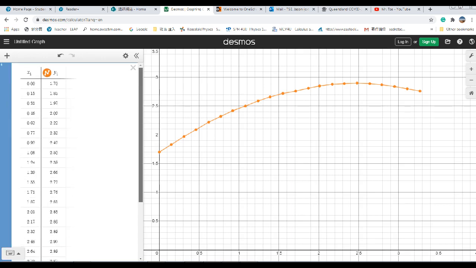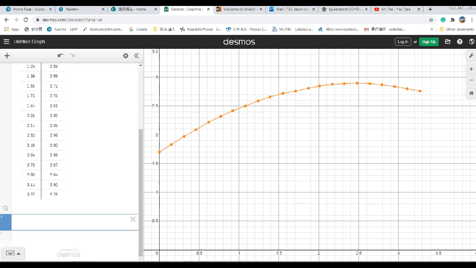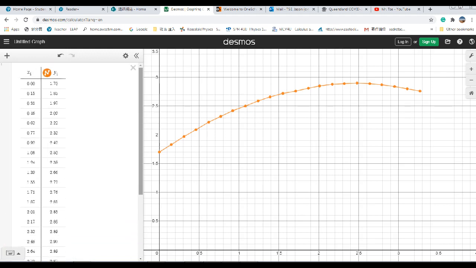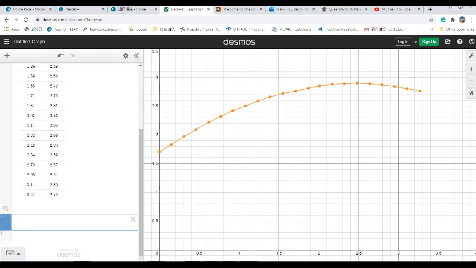Now I'm going to find a model equation for such a graph. So press the plus here and use the fx expression. Remember now the variables are in terms of x1 and y1, and you must use x1 and y1 to write the equation.